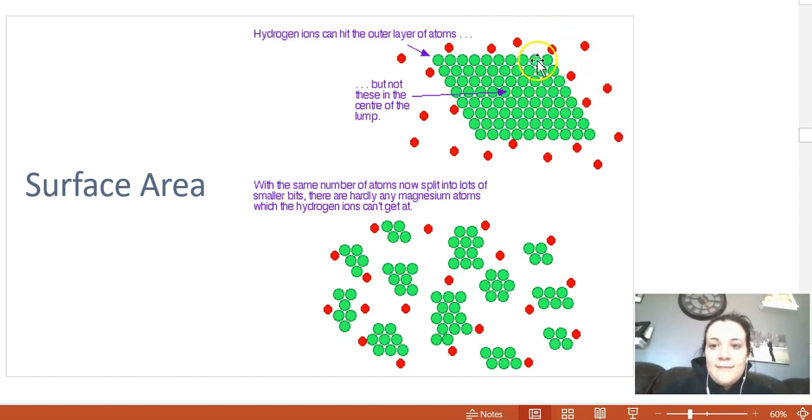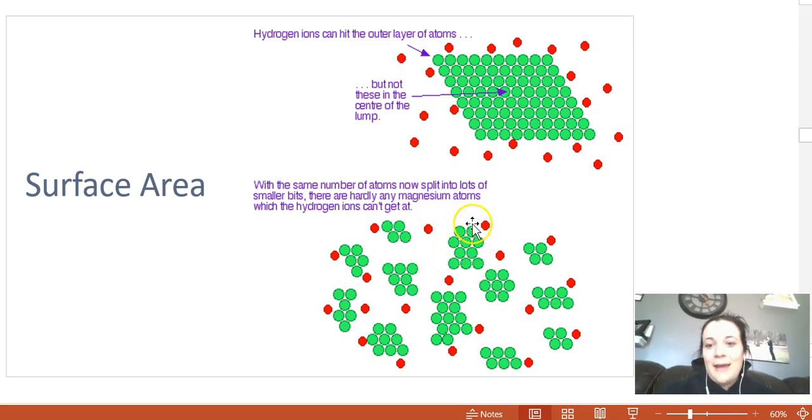Well, only the magnesium atoms that are on the very outside of that piece of metal are able to collide. All of these atoms in the middle are isolated, which means they're not available for collisions. So let's say we now take that piece of magnesium and we were to split it up into much smaller pieces. Well, now you're exposing a lot more surface.